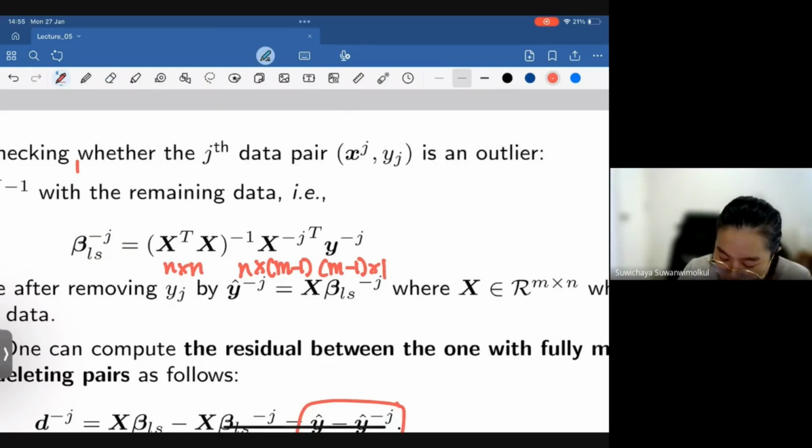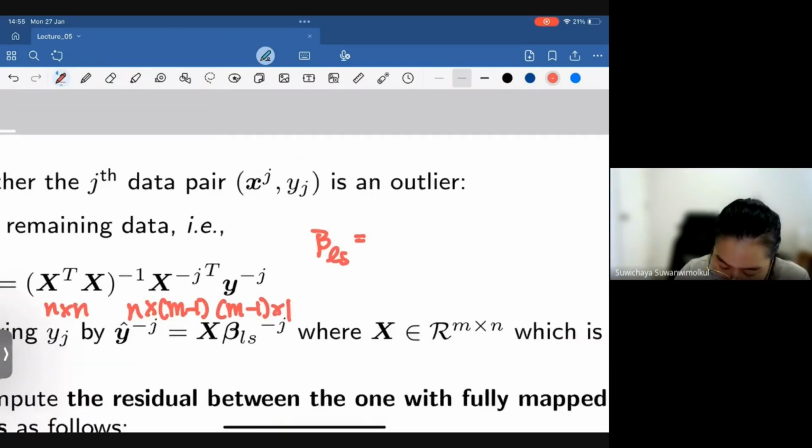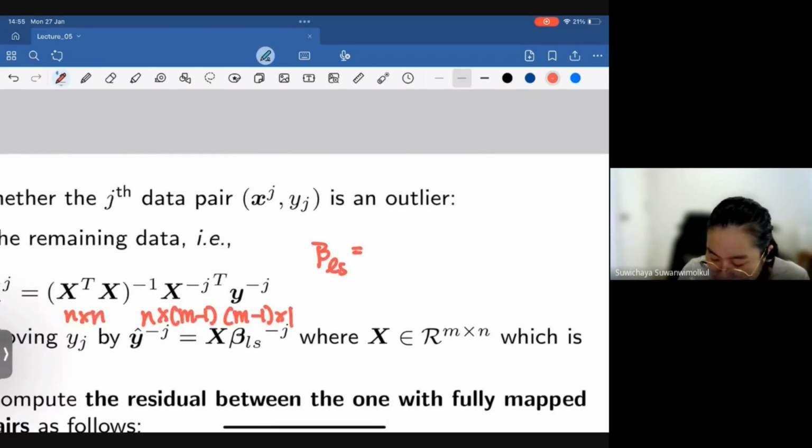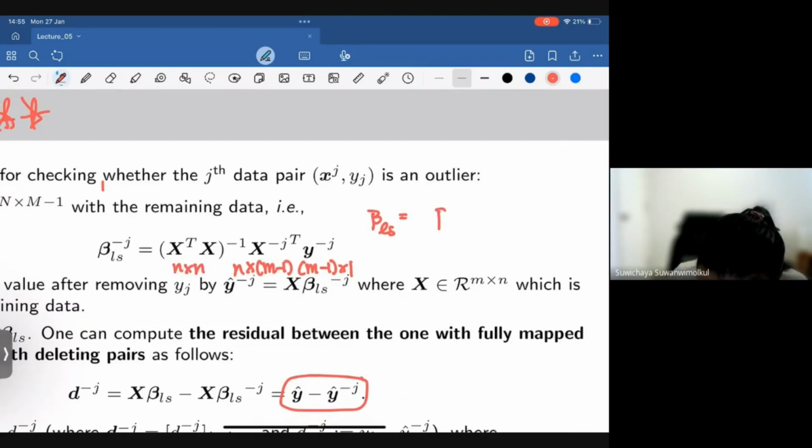So if you write beta ls, where you include everything, it would be like a linear combination. I'm guessing, but I'm not sure, that it's like you are summing over beta j ls. I'm not sure, but we can discuss that later because I kind of forget already.